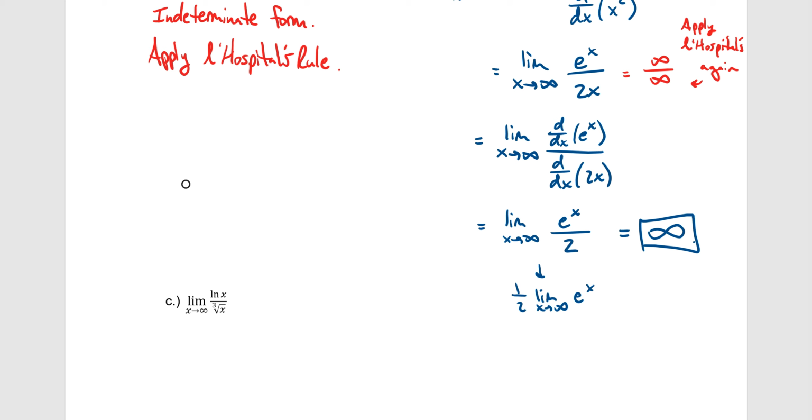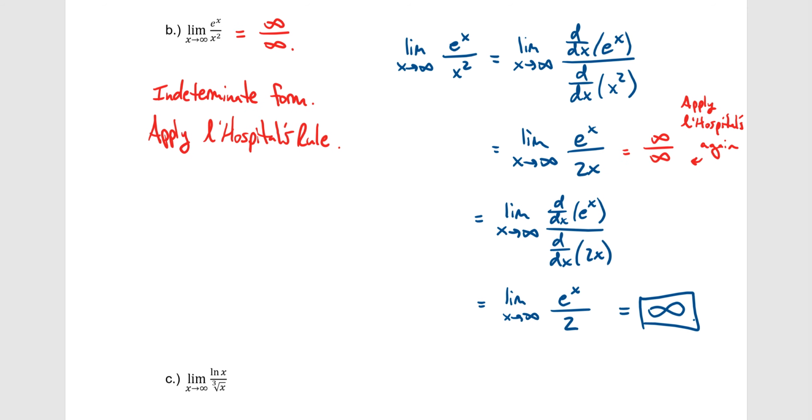Maybe that's a better visual for you. Limit as x goes to infinity of e to the x is obviously infinity. E to the infinity is infinity. Infinity divided by 2 is still infinity. Either way is fine. So this limit ends up being infinity.